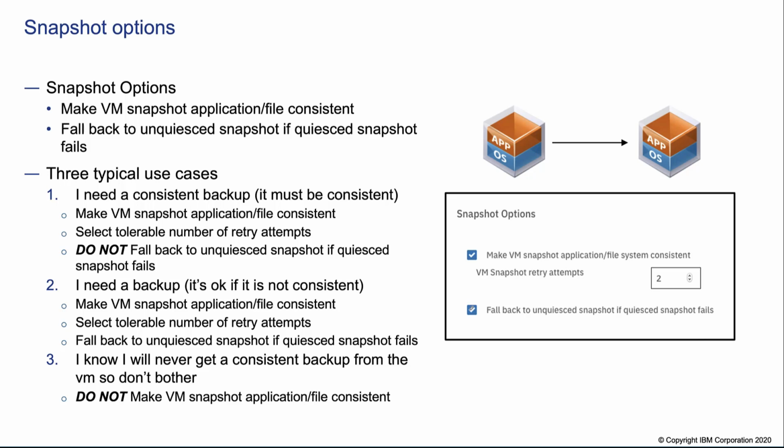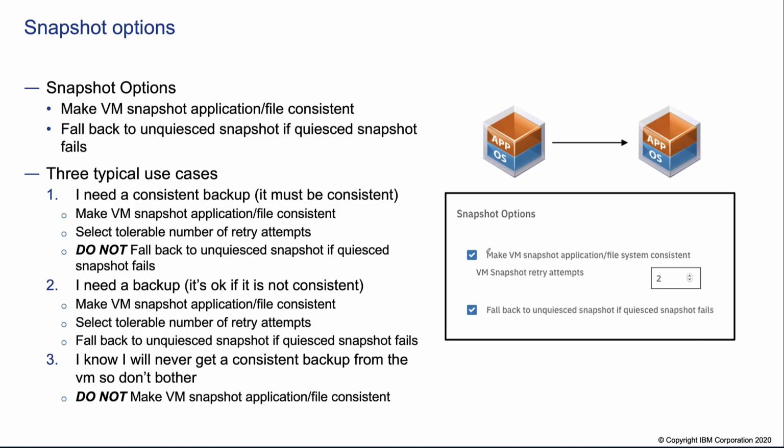And the third use case, which comes up every once in a while: you might have a SQL machine where you've had traditionally, even with other backup products or other backup techniques, issues with, let's say, the Microsoft Windows VSS infrastructure. You know that you're never going to get a consistent backup. So you want to instruct the system, don't even bother with trying to make a consistent snapshot.